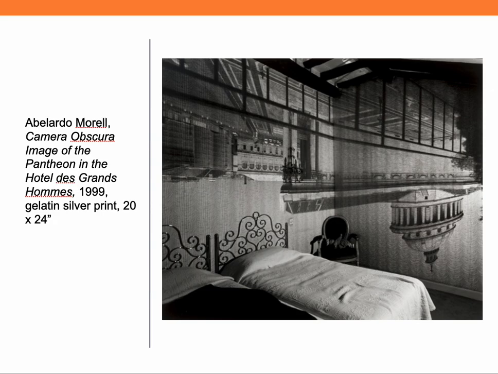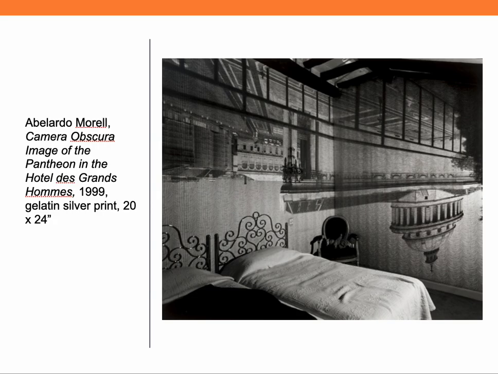The camera obscura just means darkened room. It's essentially like you're blacking out a room and leaving a pinhole in the wall so that light can shine through. And what happens with those camera obscuras is that the light brings in what is outside.